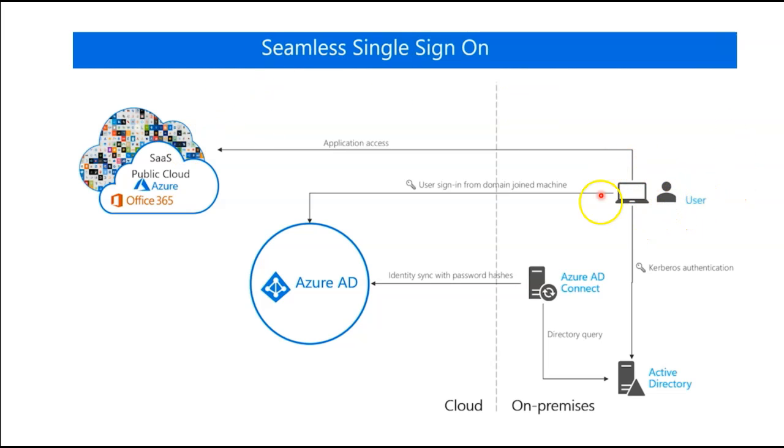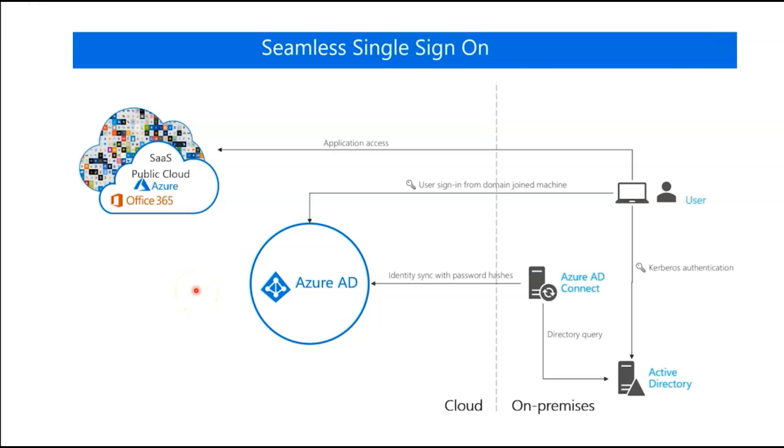For that, the machine should be joined to Azure AD. That's one of the requirements, and also, as we talked about, you need to enable the identity sync hashes, the password hash sync. Once you meet these two requirements, users can access the cloud applications without entering any usernames and passwords. This makes the user experience a lot better.